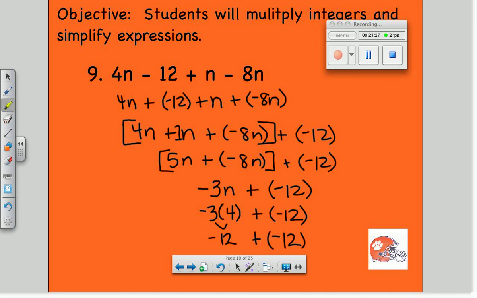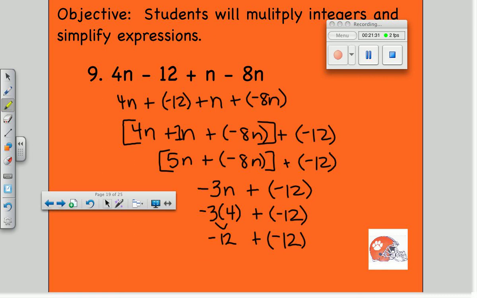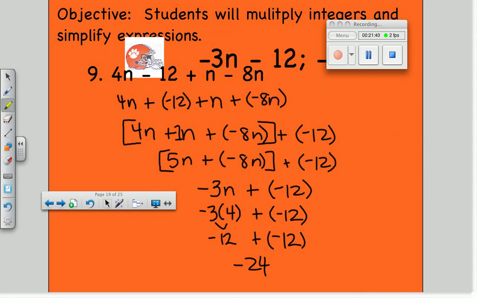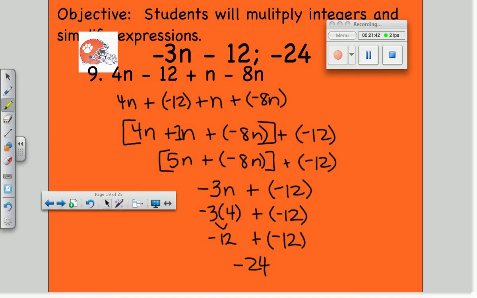Since they're both negatives, we add them together. 12 and 12 is 24. And since they're both negatives, the sign is negative. So, negative 3n minus 12 or negative 3n plus negative 12, same thing. I'm going to change that right now because I like you to use addition. Plus negative 12 is negative 24. And there's our answer.